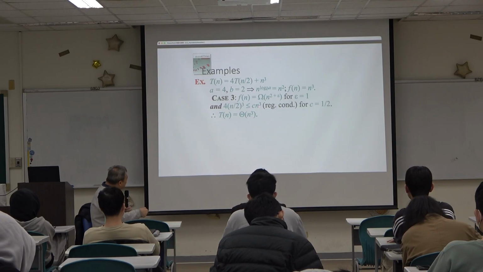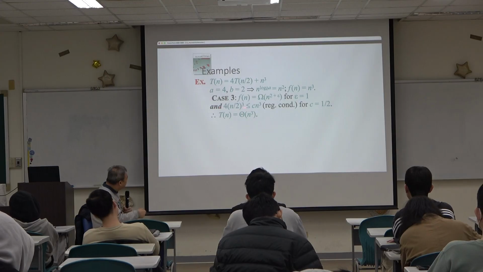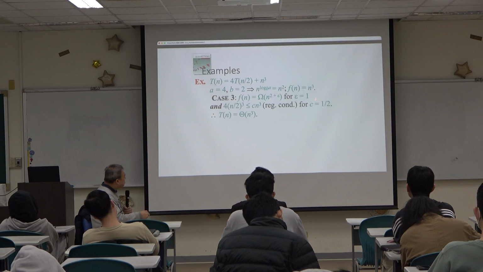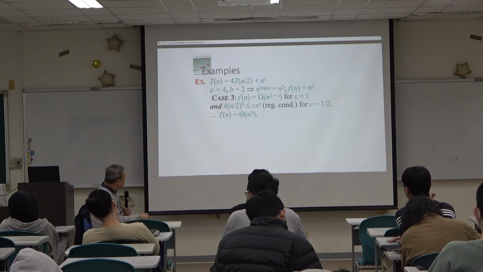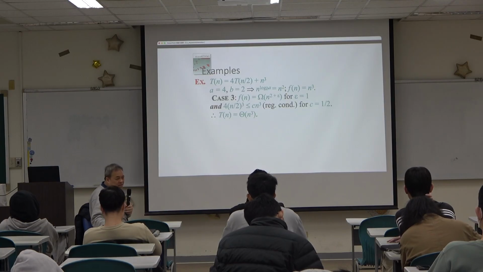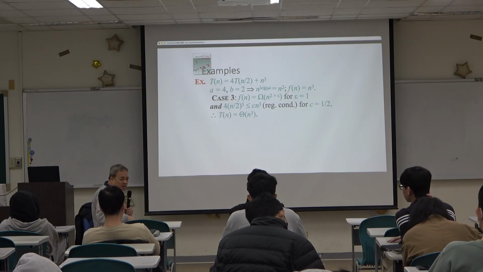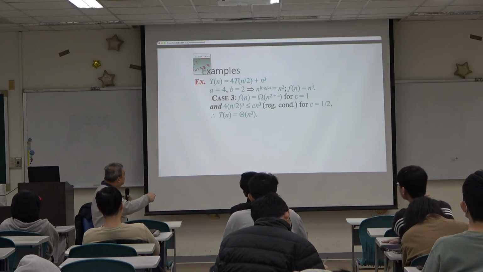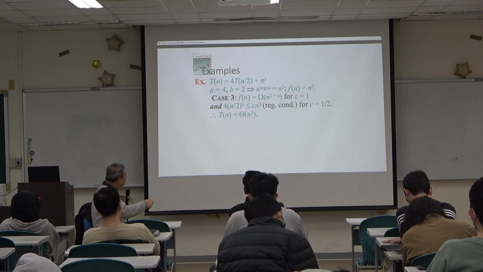Can you find a c less than 1 to satisfy this inequality? Obviously the regularity condition holds because you can easily find c to be 1 over 2. Again, there could be other choices for c, as long as this inequality holds. Then T of n equals theta of n cubed, basically f of n.